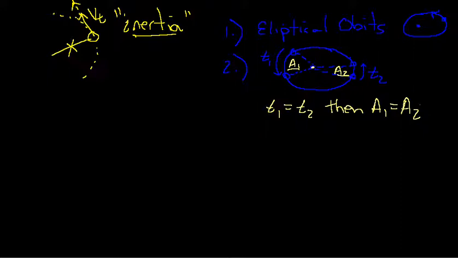The final law, Kepler's third law, and again, this is just the honors class, was that the square of the period is proportional to the cube of the radius of orbit.